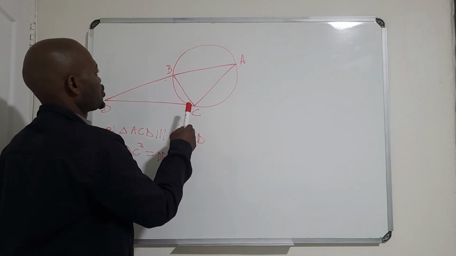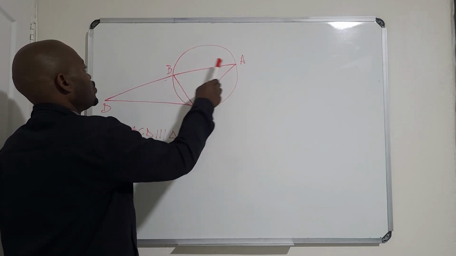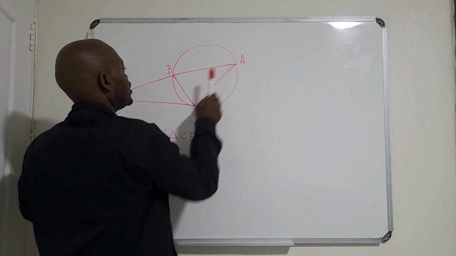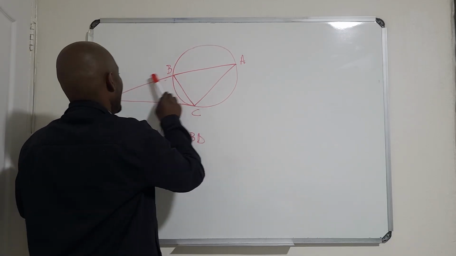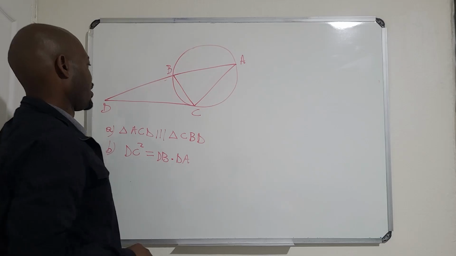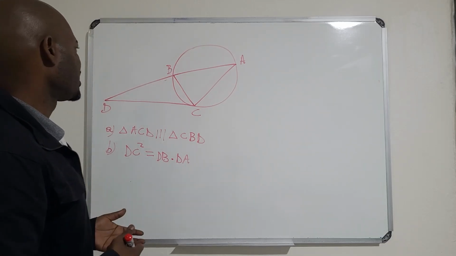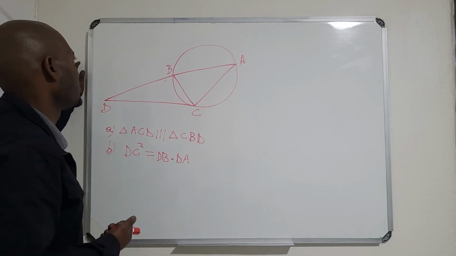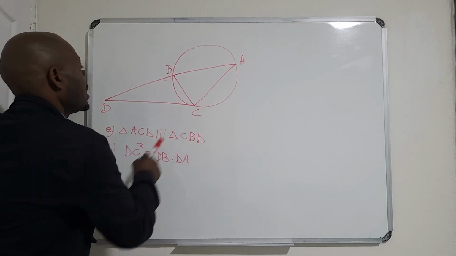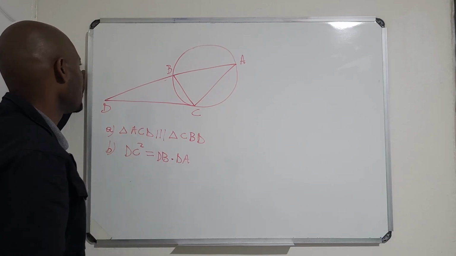So we need to prove that this triangle is similar to this triangle here. For us to prove that the two triangles are similar, we can prove that they are equiangular by finding two angles which are equal.